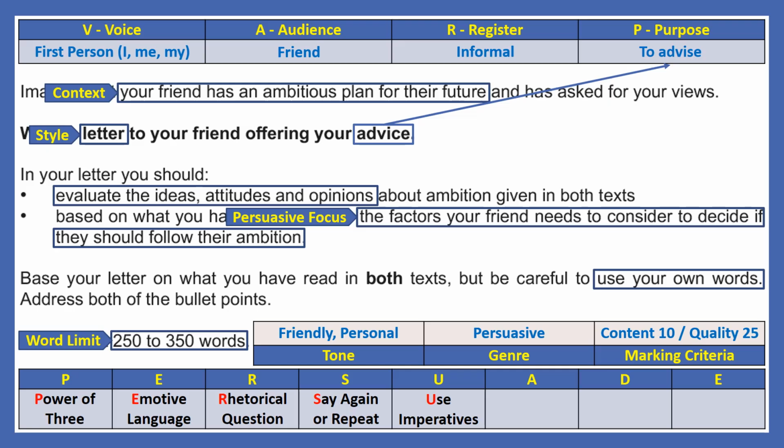Use imperatives, include strong command verbs as a call to action. Anecdotes or examples, support your ideas with illustrations. Direct address, speak directly to your audience using you. Expert opinion, add credibility by referring to expert views.